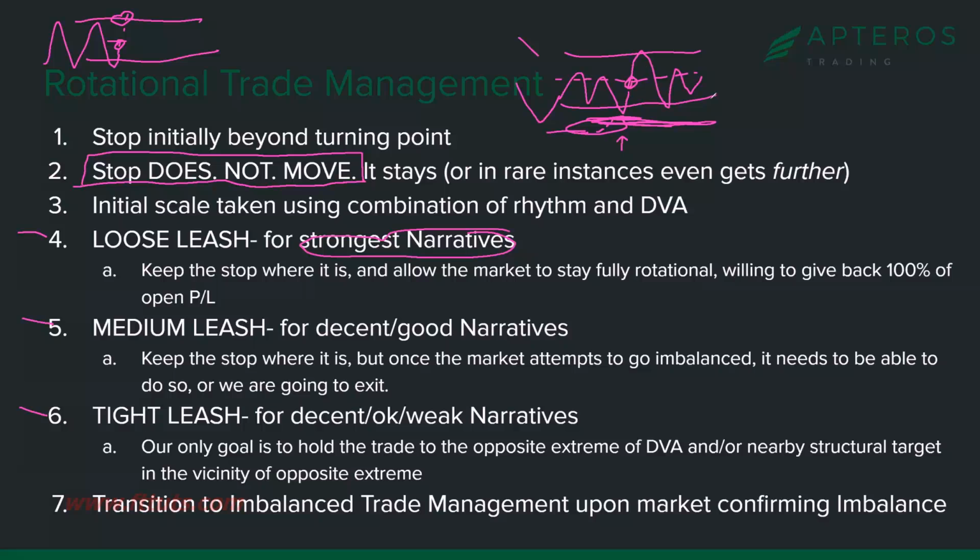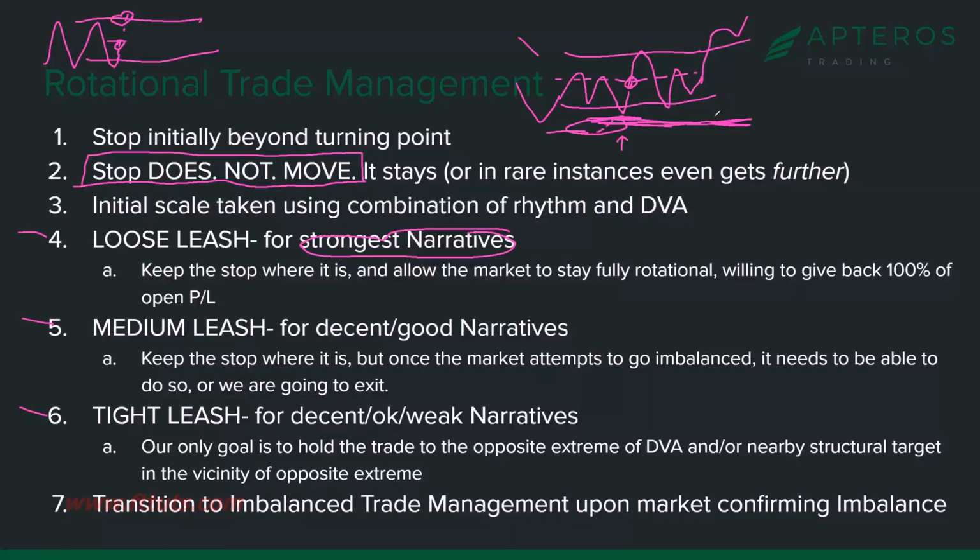Do I expect this market to just stay rotational for the rest of the day? No, I don't. I expect at some point the buyers are going to take control and we're going to get imbalanced. And even once we get imbalanced, I might not move the stop if I don't feel like it. But that's absolute loose leash. Medium leash for our core position is we got a good narrative here, okay?